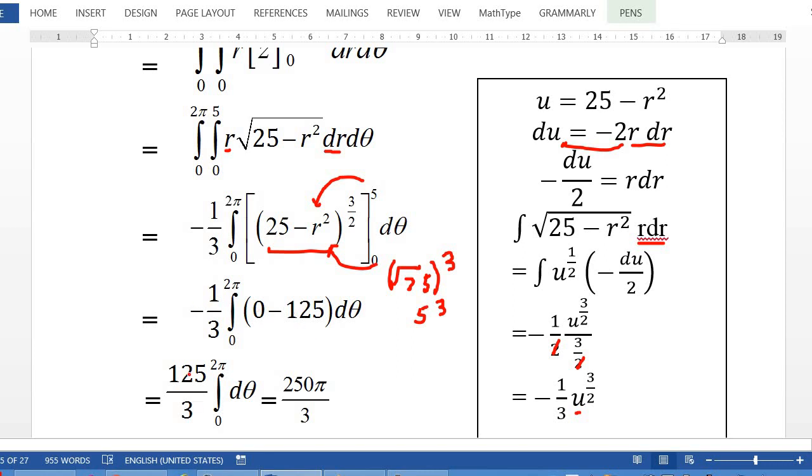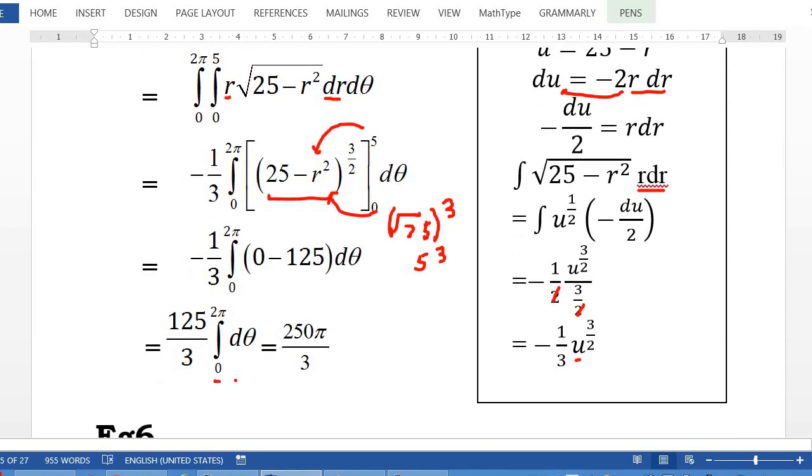So negative, negative, positive, 125 over 3. Integrate 1 d theta from 0 to 2 pi, here you have 2 pi. So 125 times 2 pi, 250 pi over 3.